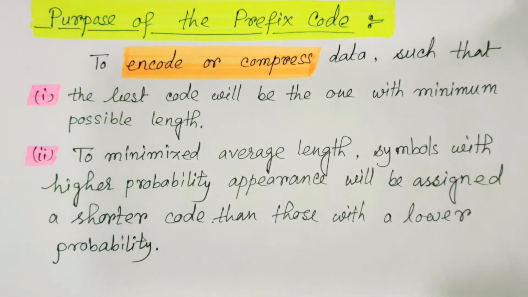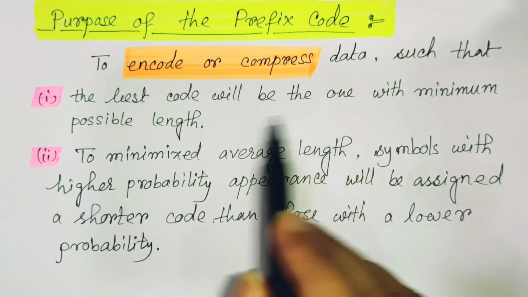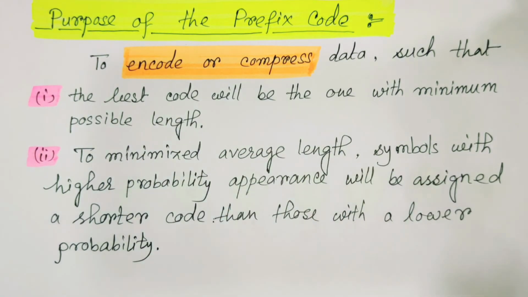So if we want to compress, then what happens? The best code will be the one with minimum possible length. So if we want to compress data, what is the efficient coding by which we can encode or compress the data?